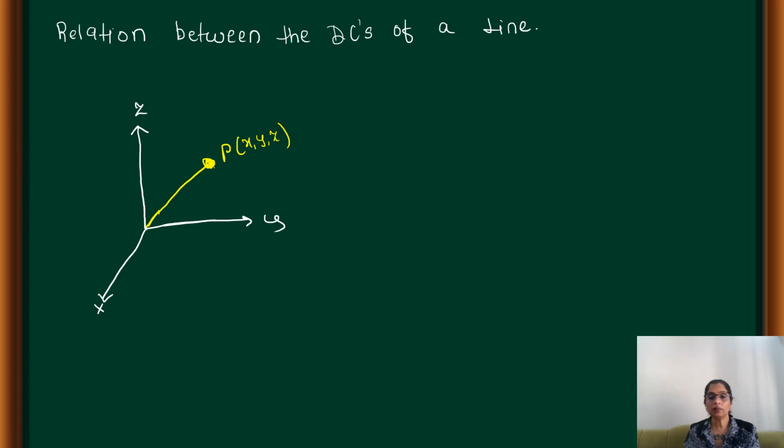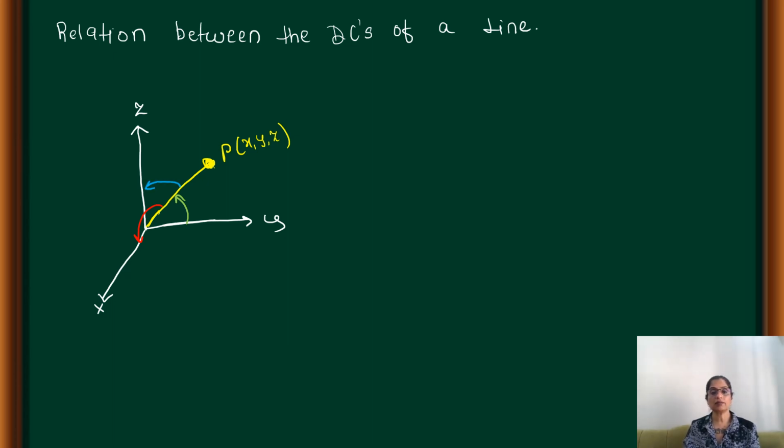Another peculiar thing that we have seen is that this position vector makes angles with all the positive sides of the axes, and these are alpha, beta and gamma, correct? These are the direction cosines of the position vector. So these are the angles created: alpha, beta and gamma.